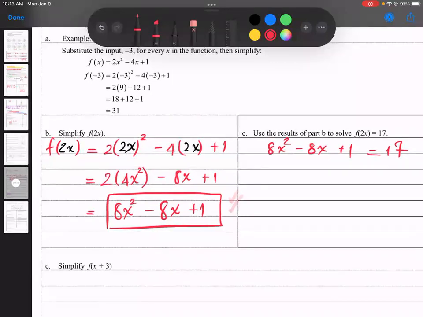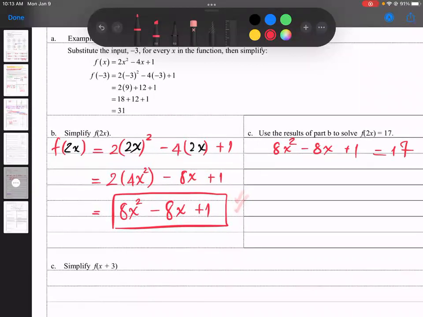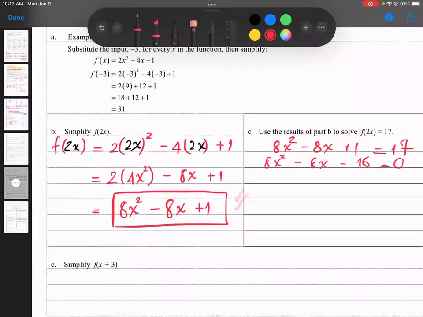So if I was you, I'd move 17 to the left. So I see 8x squared minus 8x minus 16 equals 0. Factor out the 8. If you have a GCF, do factor it out. It'll make your life easier.